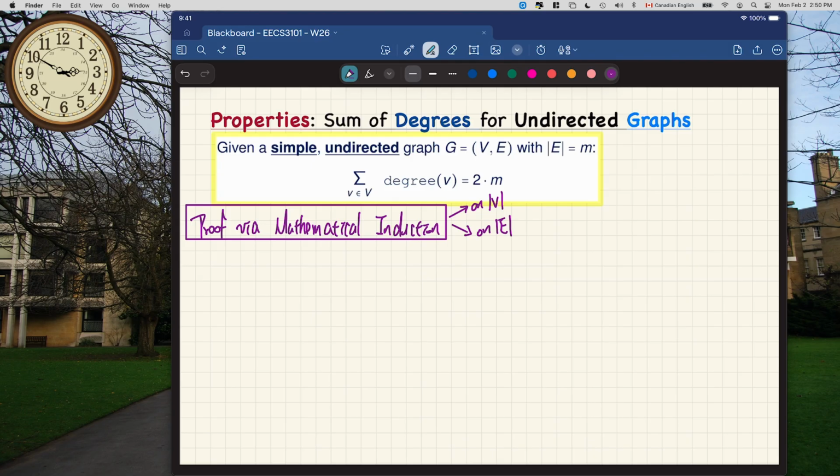It turns out, for this example here, we're going to choose the vertices because you can see that the summation there is quantifying over all the vertices in the vertex set. So you can think about the V over here being empty, or its cardinality being 1, and also cardinality 2, and so on.